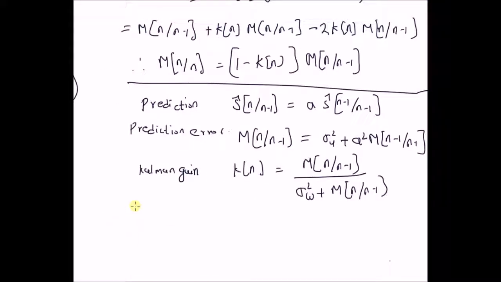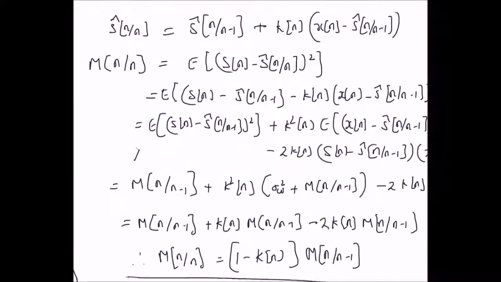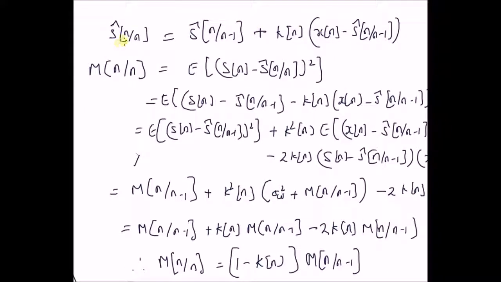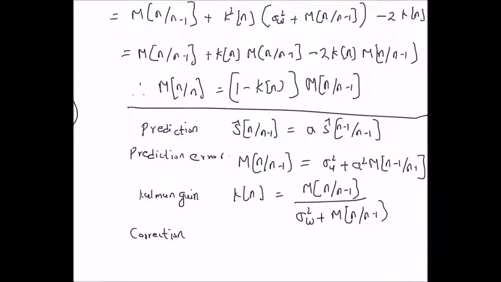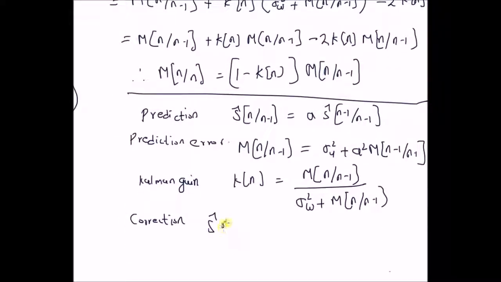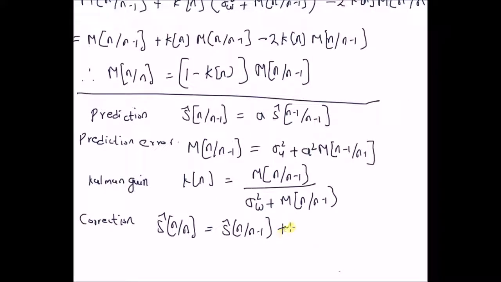And next we have the correction term, which is given by this sum, that is the update is equal to the prediction plus Kalman gain multiplied by the innovation term. So s hat of n given n is equal to s hat of n given n minus 1, that is the prediction, plus the Kalman gain multiplied by the observation minus the prediction.